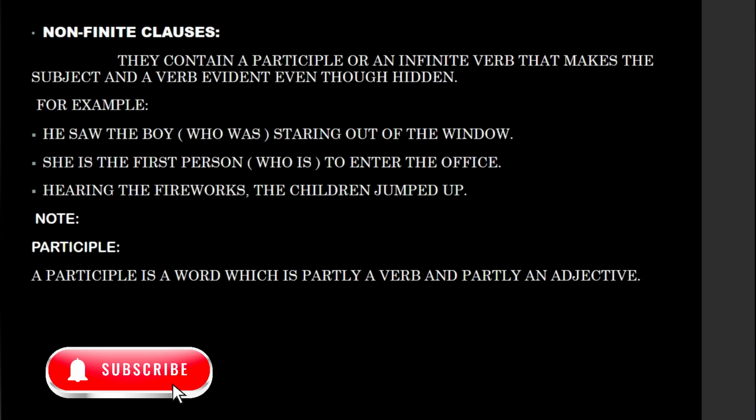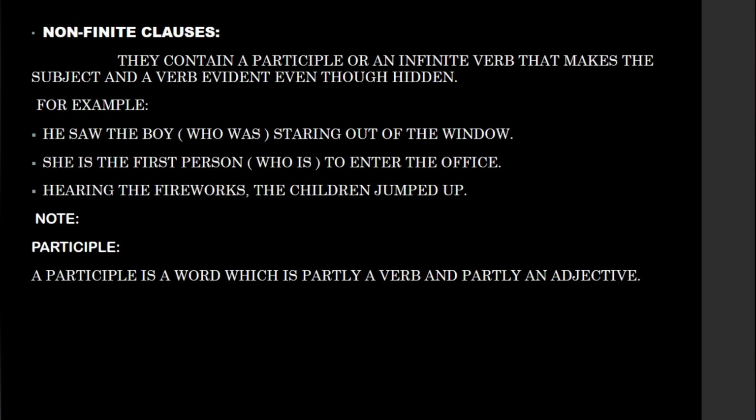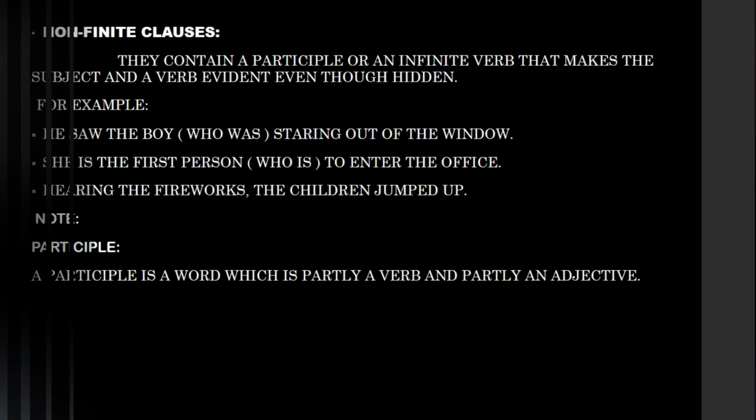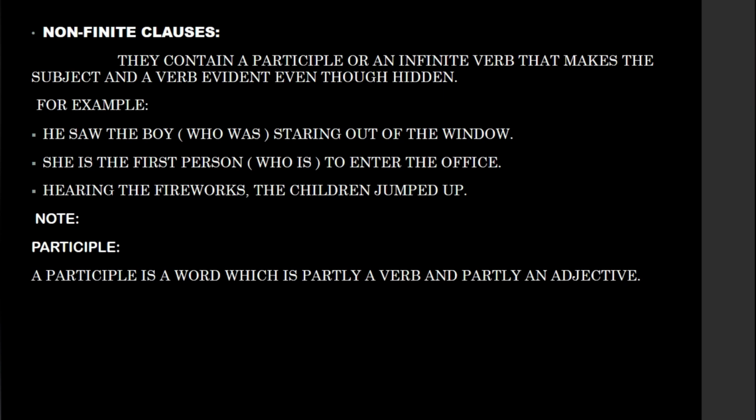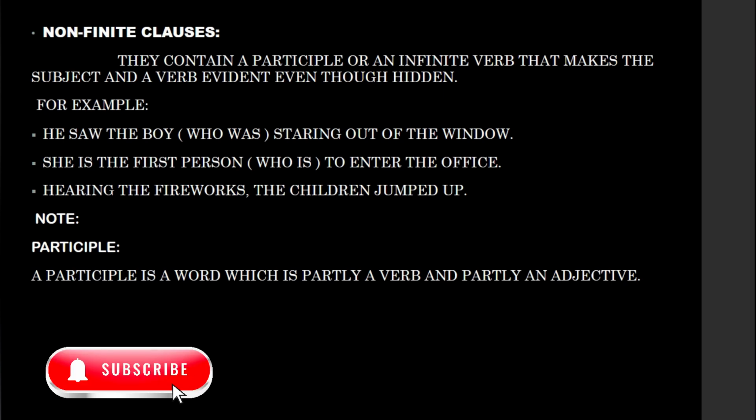The present participle is formed when we put -ing at the end of a verb, and it is used as an adjective. And the past participle is when a verb is used as an adverb.